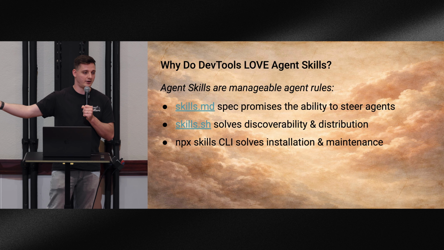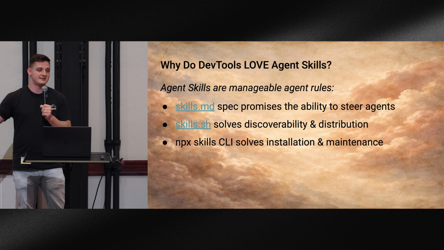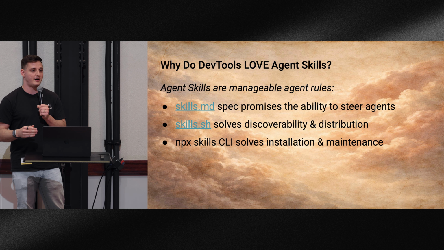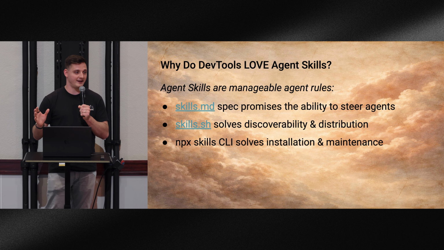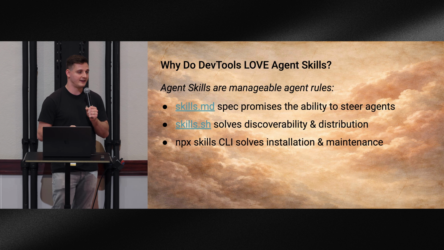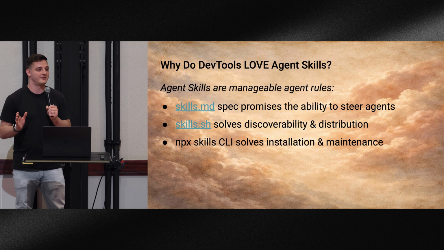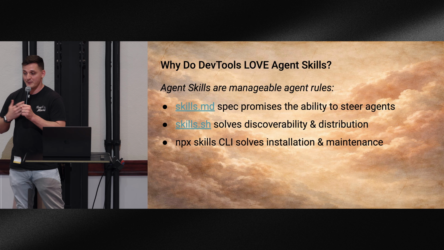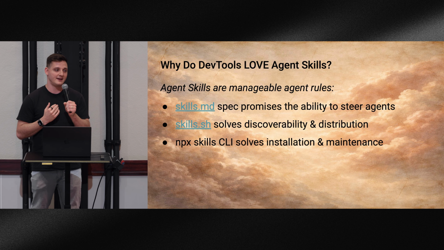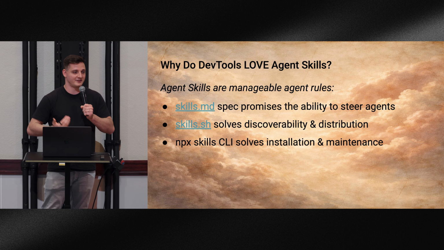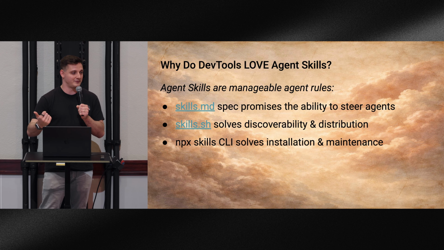Anytime I make a change to our agent skills repository and someone runs the install or update command, I can be sure they have the latest version of my skill, right? All of that is impossible with agents.md files. I have no way to touch someone's agents.md file, and that's why, as a tool maintainer, I really don't care about agents.md files, because there's no way for me to interact with them or update them.